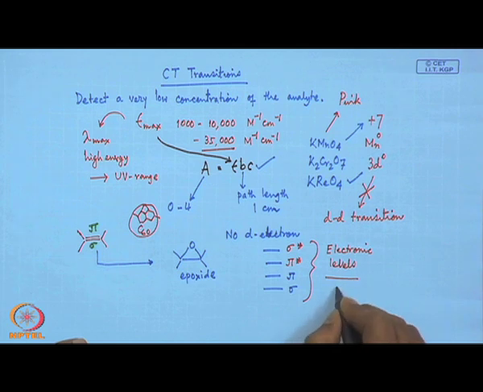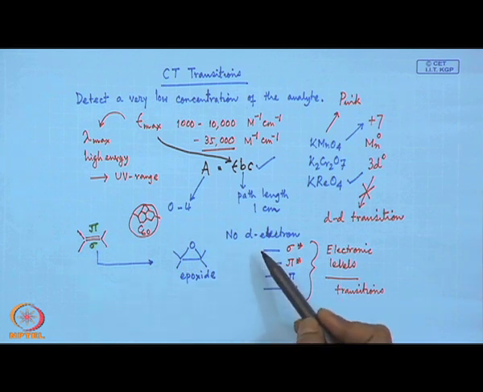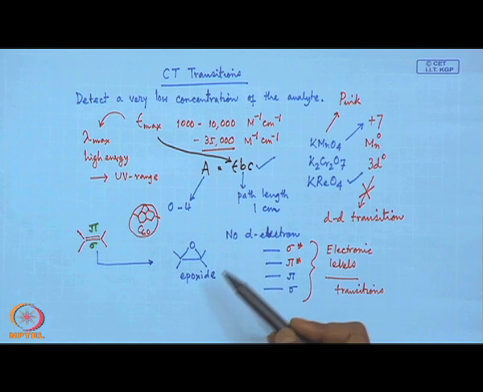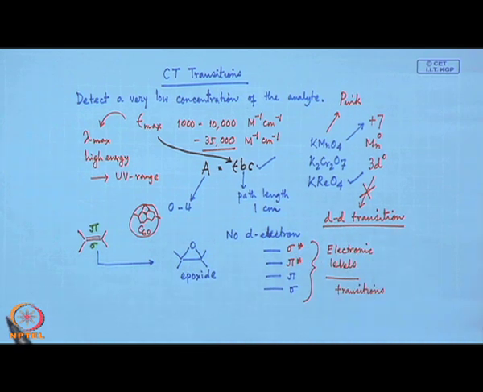These are involved in transitions. If these sigma, pi, pi star and sigma star orbitals are utilized for transitions, we will find that though we do not have any d electron in the system, the question of any kind of d-d transition is no more. So, we have some other type of transitions.